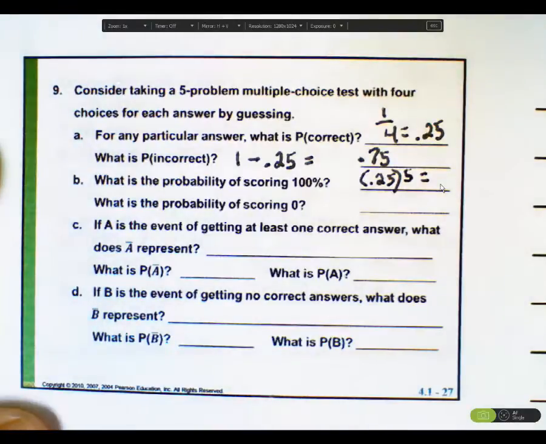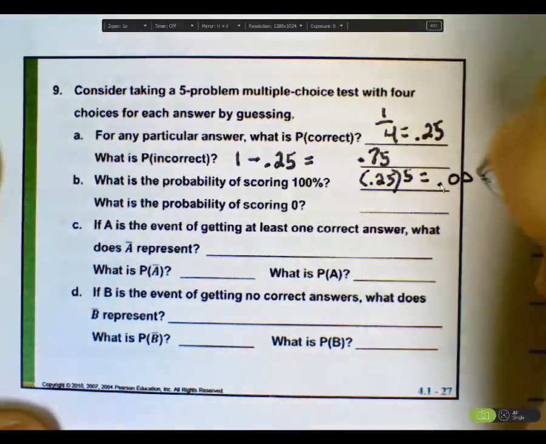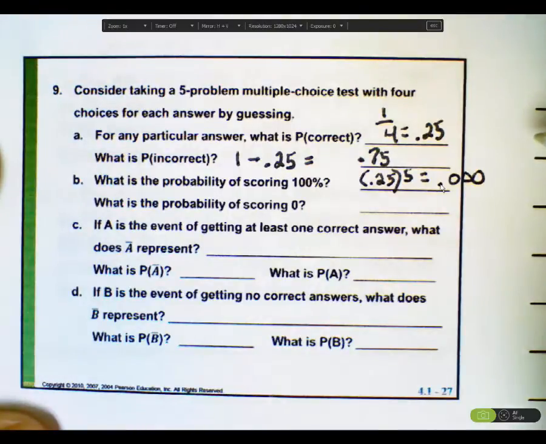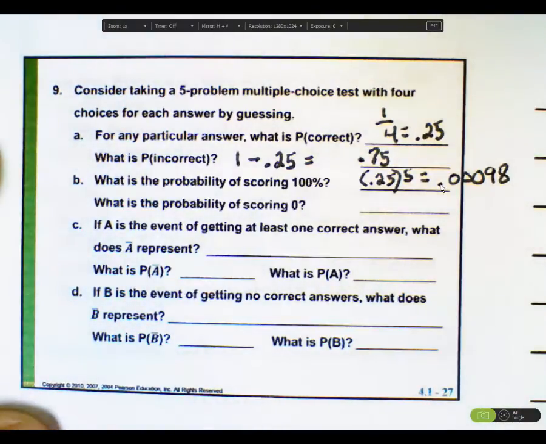The probability that you guess correctly 5 times is 0.25 to the 5th power, or 0.00098.